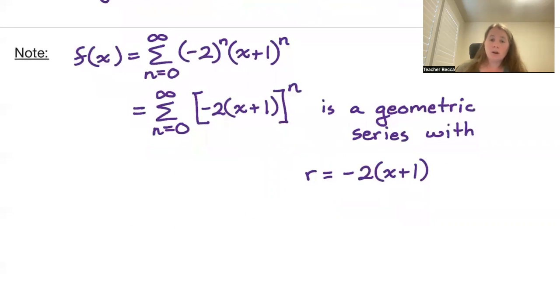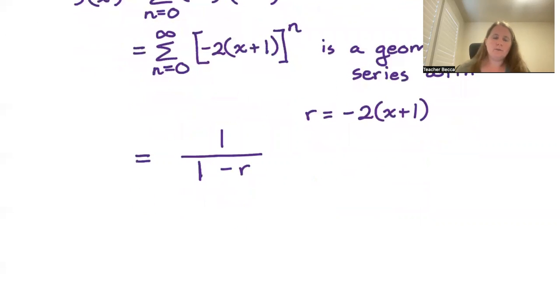And so we know, therefore, that our series converges to 1 over 1 minus r. Our leading coefficient a sub 0 is just 1.